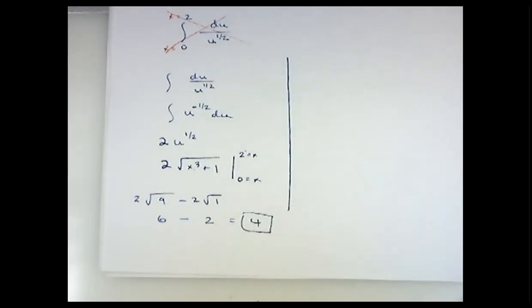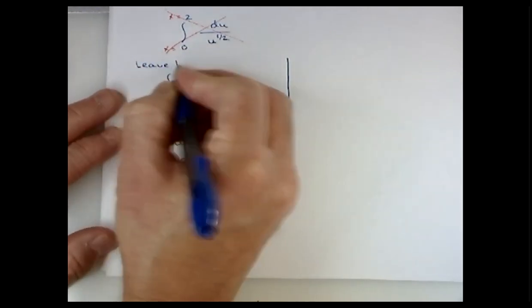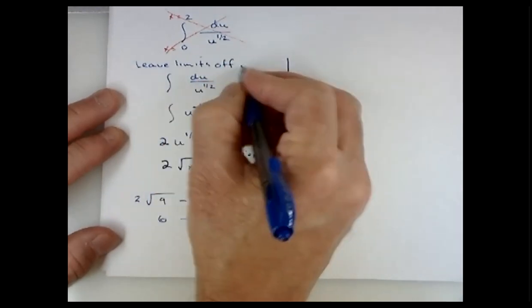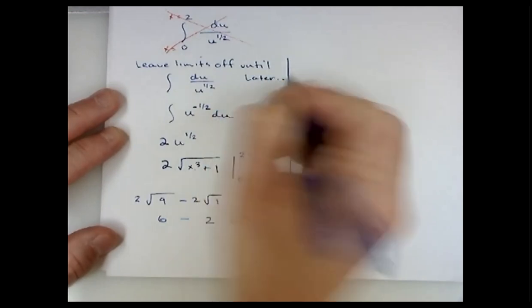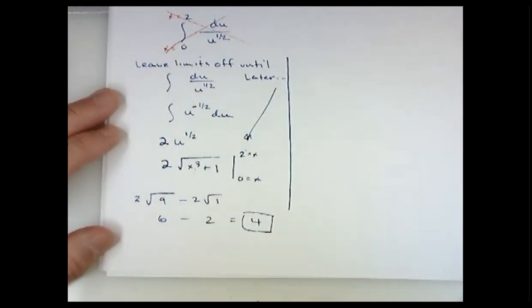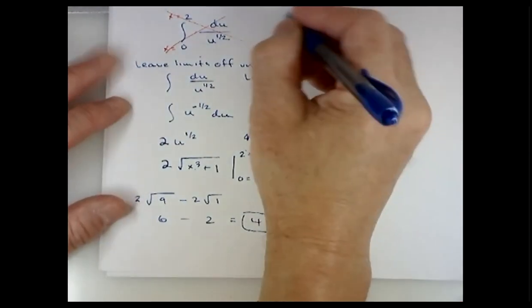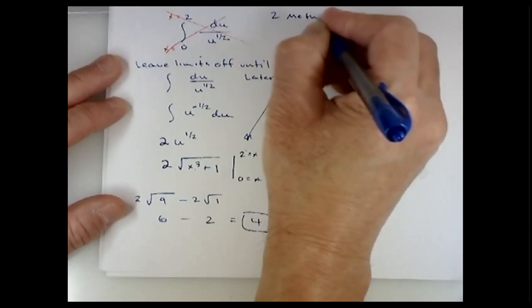So I guess if I had to describe this technique, what we're doing is leave limits off until later, till you get to here. I'm going to put 2 methods.